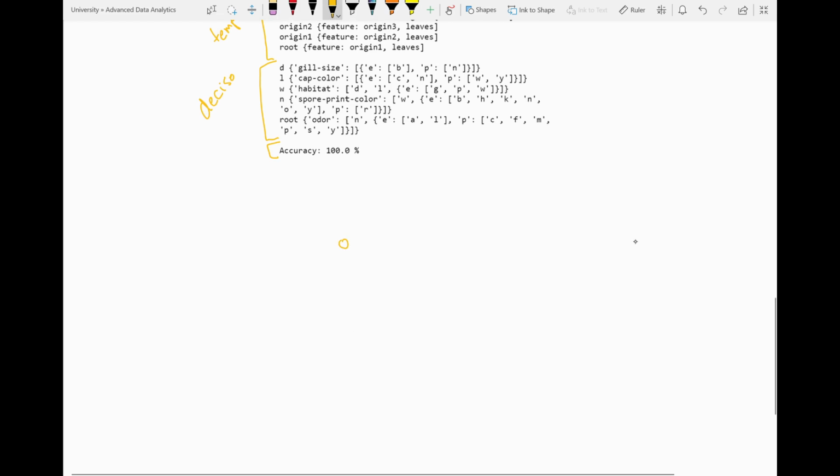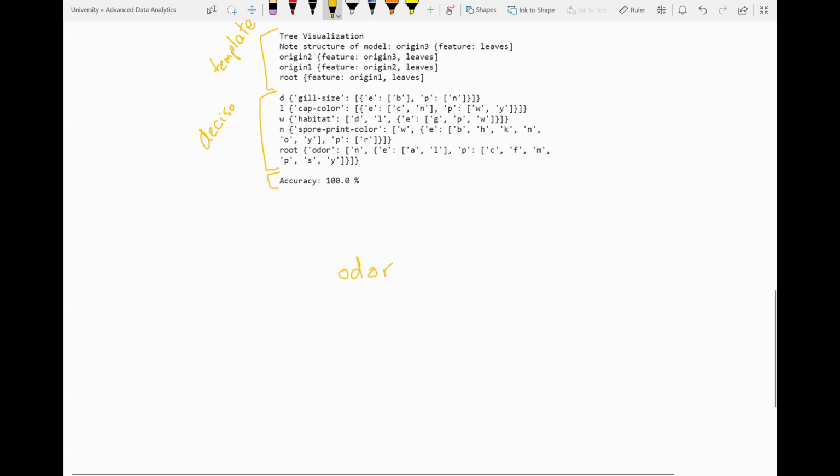Odor splits itself up into the different categories, and using our template, it splits into the next discriminatory power and any other leaves, so any other endpoints that are left. Our first one splits onto the origin 1, which was 4-point color, and then it also splits up into any other leaves, which are the remaining letters down here.